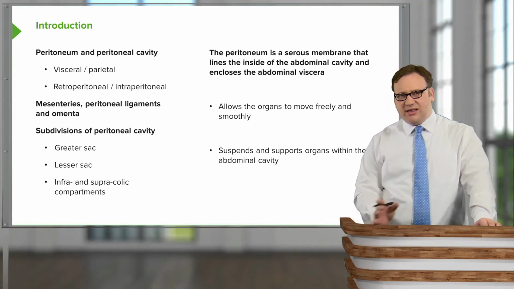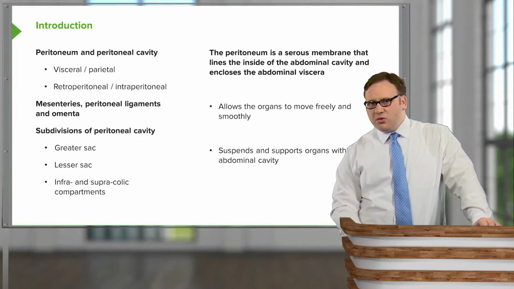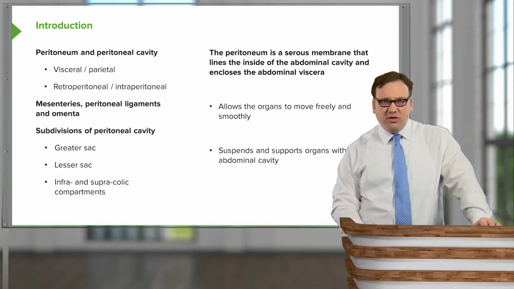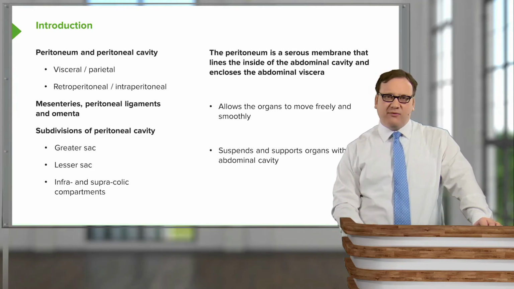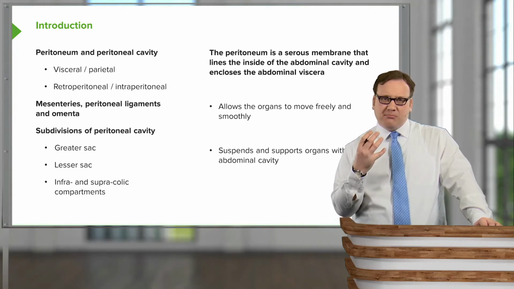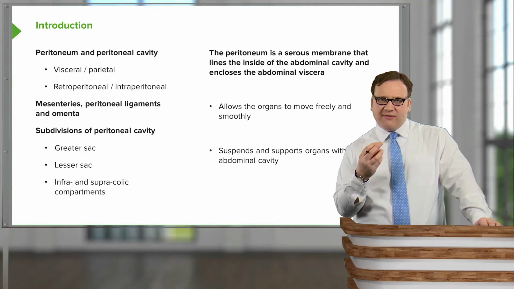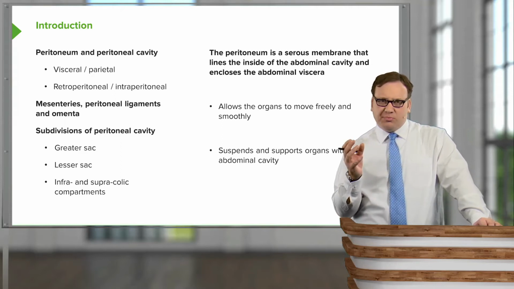So previously, in the lectures that have preceded this, we've spoken about the organs really in isolation, and we've put them into context with the relationship they have with other organs of the abdomen. But this peritoneum is the membrane that binds them all together, that attaches them to one another or to the body wall.